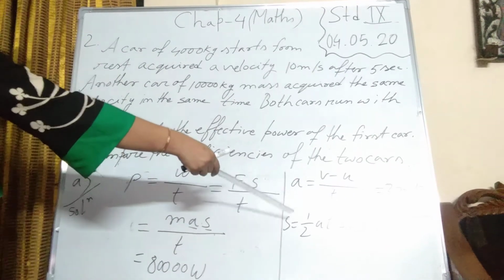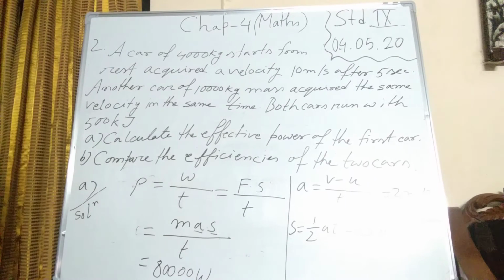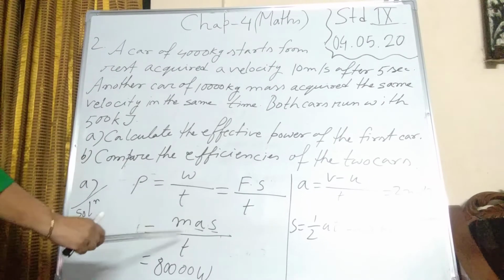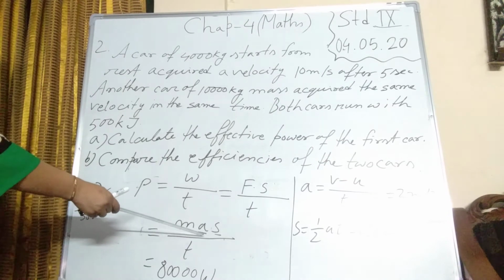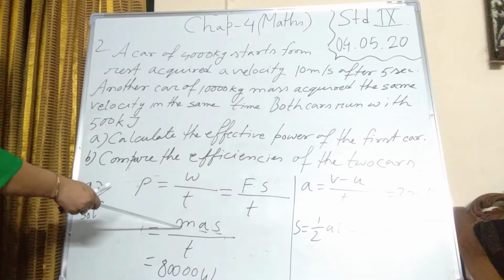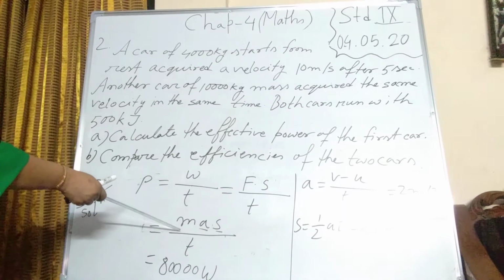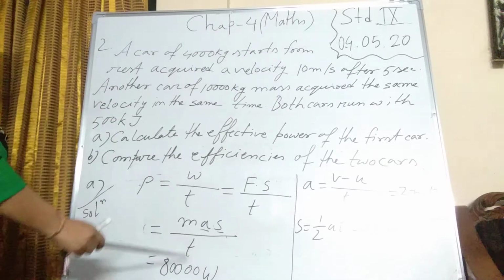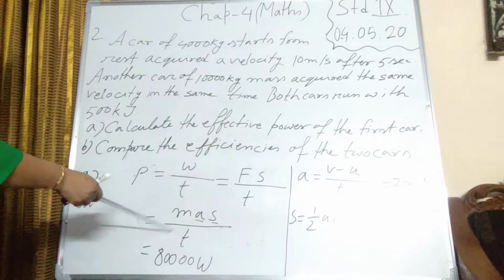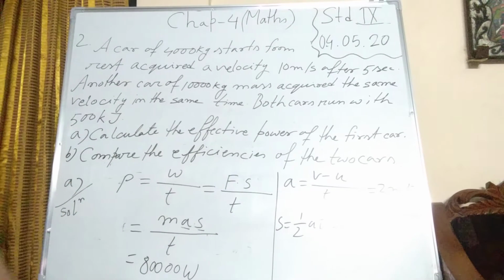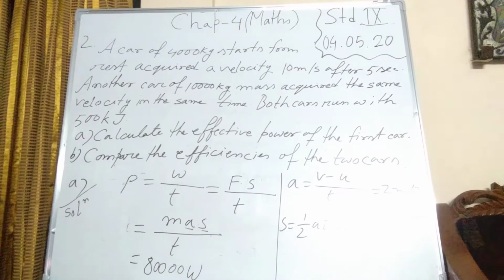If we put the value of acceleration and time, we get s equal to 25 meter. Now if I put the value of mass, acceleration, that is 2 meter per second square, mass of the first car is 4,000 kg, and s equals 25, divided by time equal to 5 seconds, the power becomes 80,000 watt.